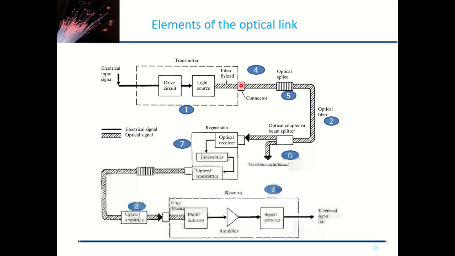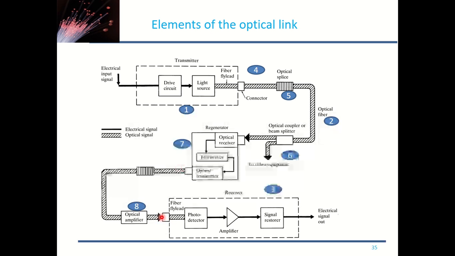In other words, the connector is the device which can terminate the fiber either at the transmitting end or at the receiving end. If we look at the other end, the last element of the optical link, that is the receiver, the fiber is also terminated or connected to the receiver by using the connector. So a connector is needed at the transmitting end as well as at the receiving end.